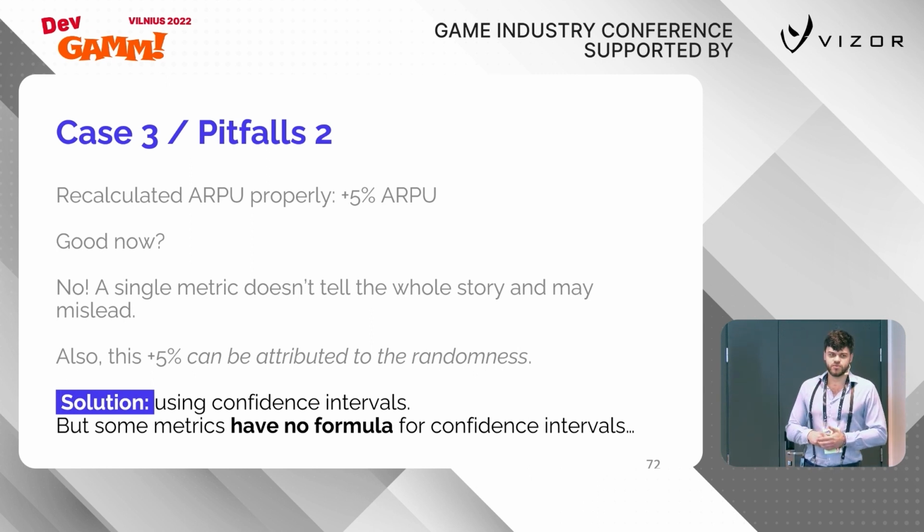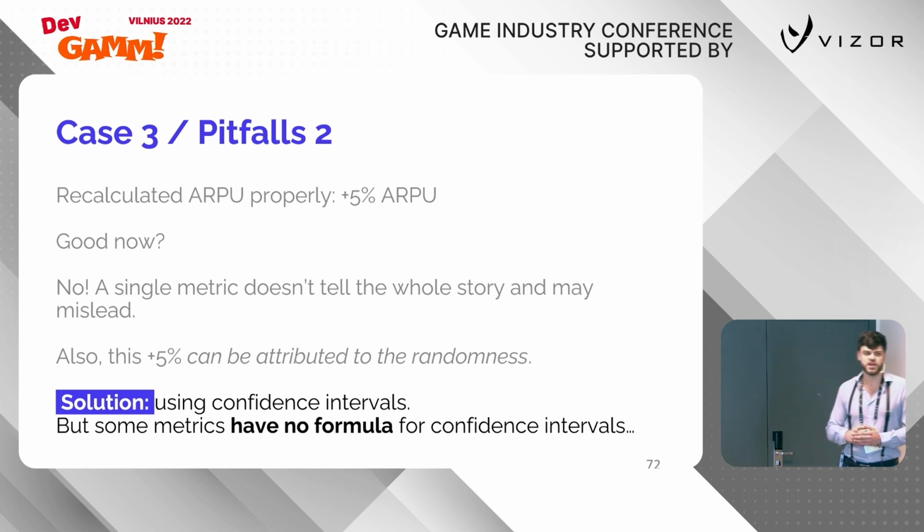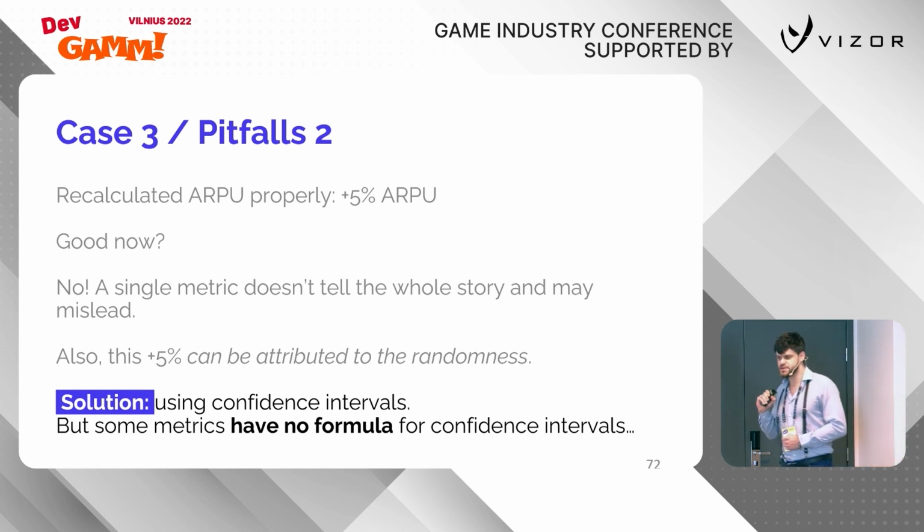It can be tackled using confidence intervals. Instead of having one metric, we can use the metric and some upper and lower thresholds for it. And most of the metrics we want to use do not have an explicit formula for confidence intervals. For example, average share rate per user, I think, does have explicit formulas.